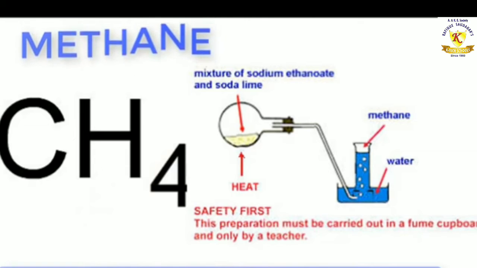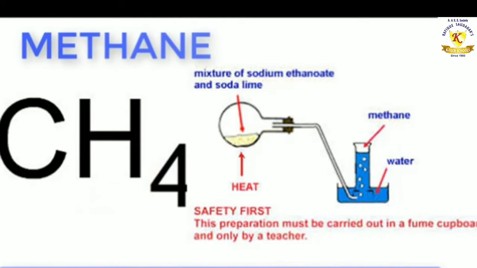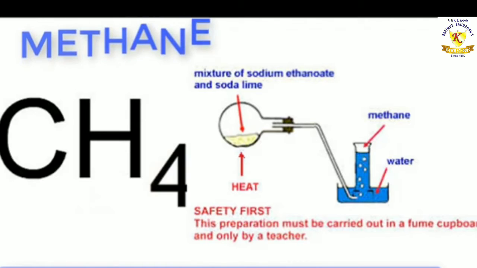Laboratory preparation of methane. Let's see. Methane is usually prepared by heating anhydrous sodium ethanoate with soda lime.